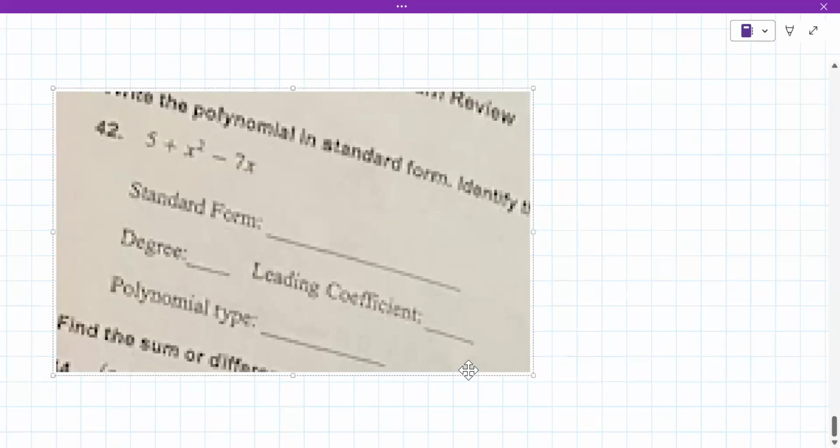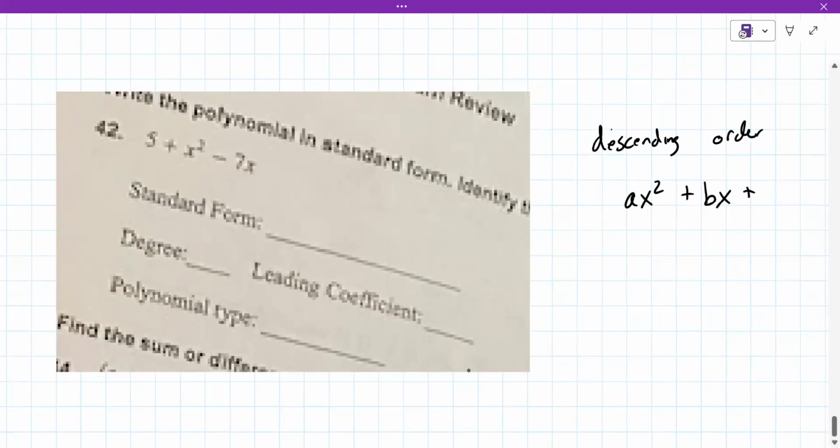Okay, let's look at 42. Quadratic equations. We got some time here to tackle a new subject. There's a couple things here. Standard form means it's in what's called descending order. That means that you have the x squared first, then the x term, and then the constant term.